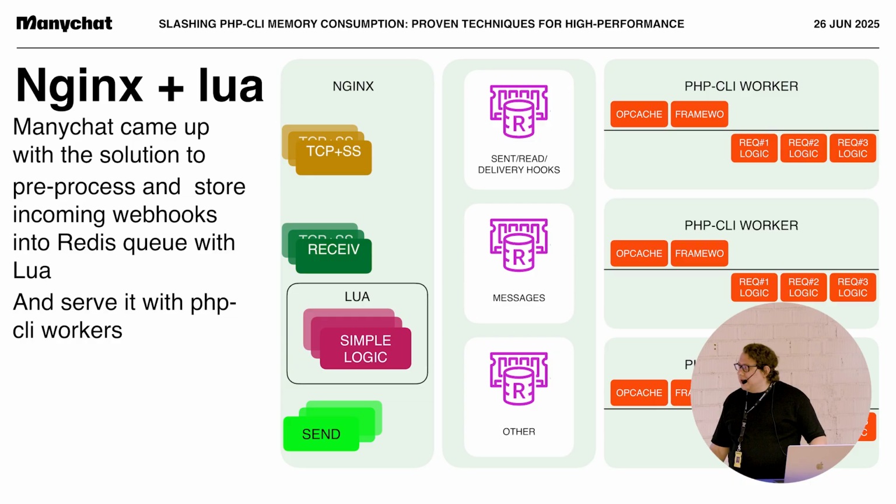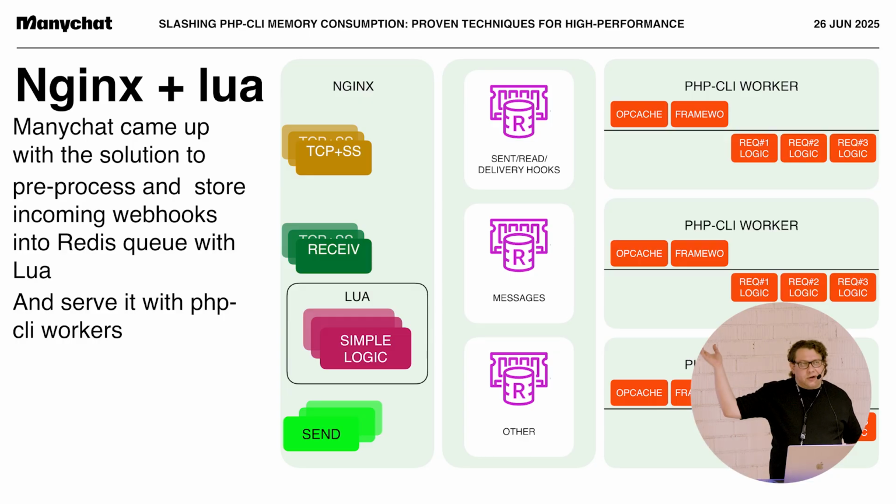Additionally, it solved another problem with the request spikes, so that when there is a big number of requests, we can store them in the queue and process them with a bit delay when we have the capacity, instead of having all the workers serve all the webhooks at once.